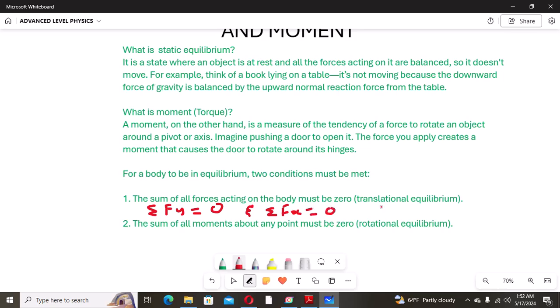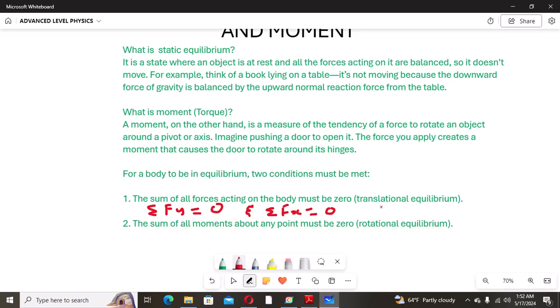So let's go back to our example, okay? That of a book lying on a table. So the vertical forces are the force of gravity acting downward on the book and the normal reaction force acting upwards on the book. This is provided by the table. How about the forces in the horizontal direction?